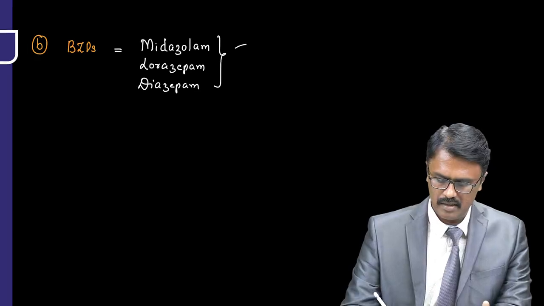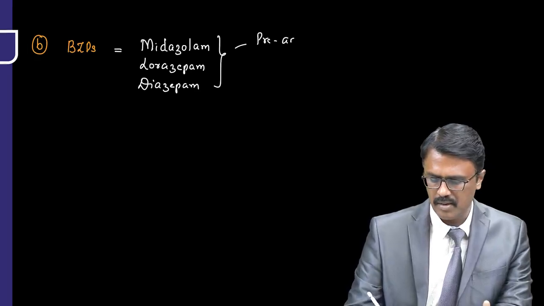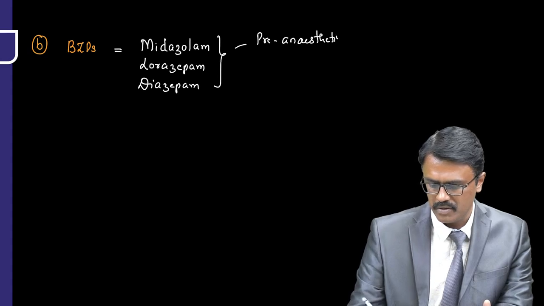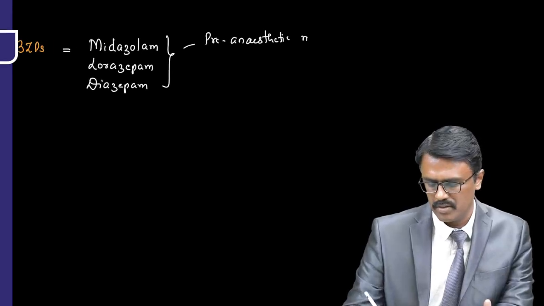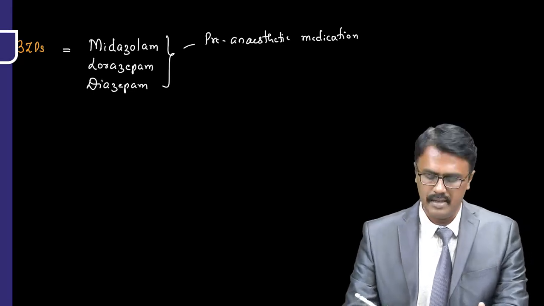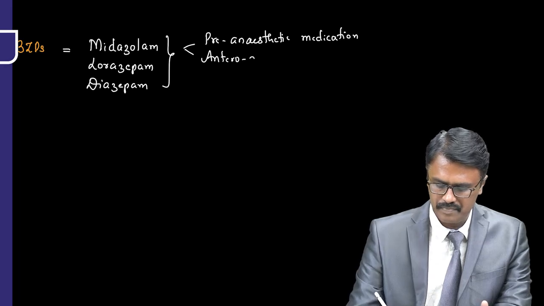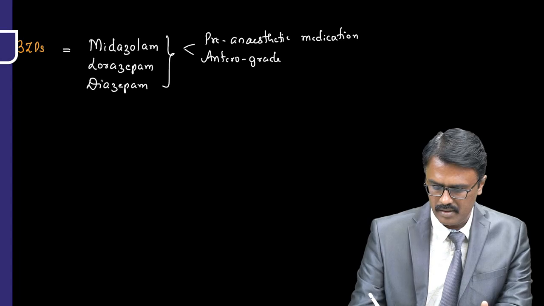Number one, they are used as pre-anesthetic medication. I told you they can decrease the anxiety. Before anesthesia also we can use them. The advantage is they decrease the anxiety and they can produce anterograde amnesia.